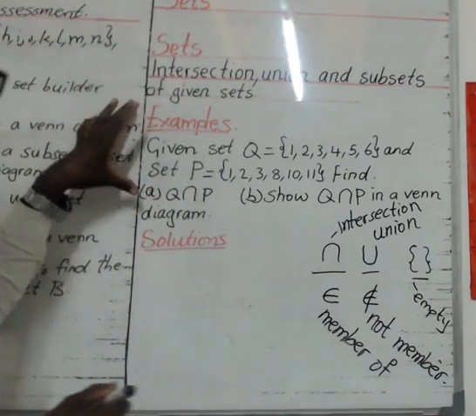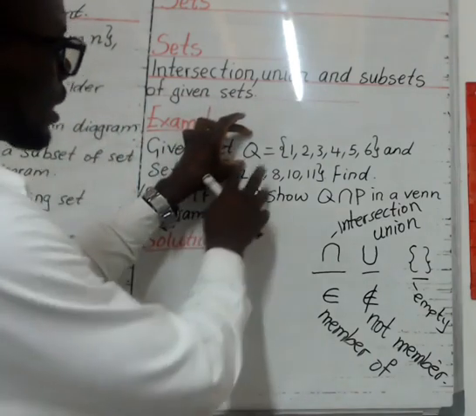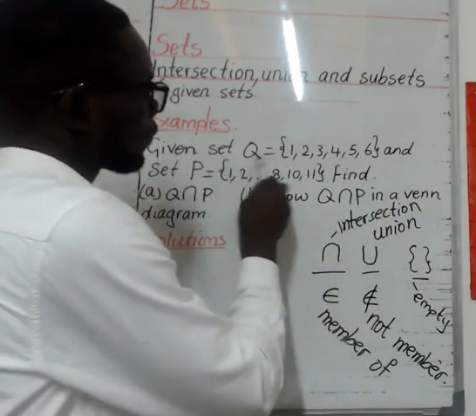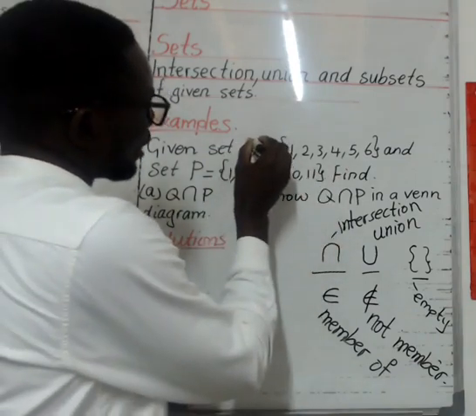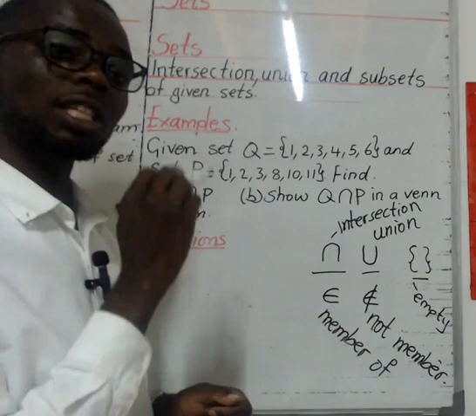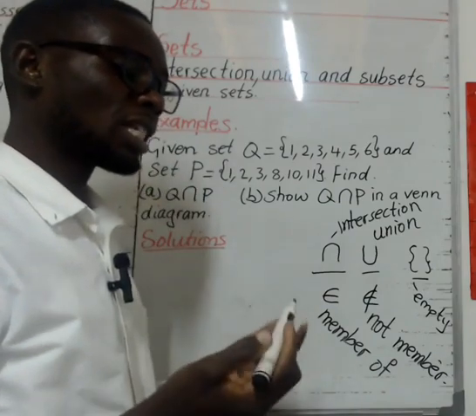I have examples on my board here. Set Q is a set of natural numbers. So I have written the name of my set using a capital letter Q. The name of the set is Q, and I've written it using a capital letter.